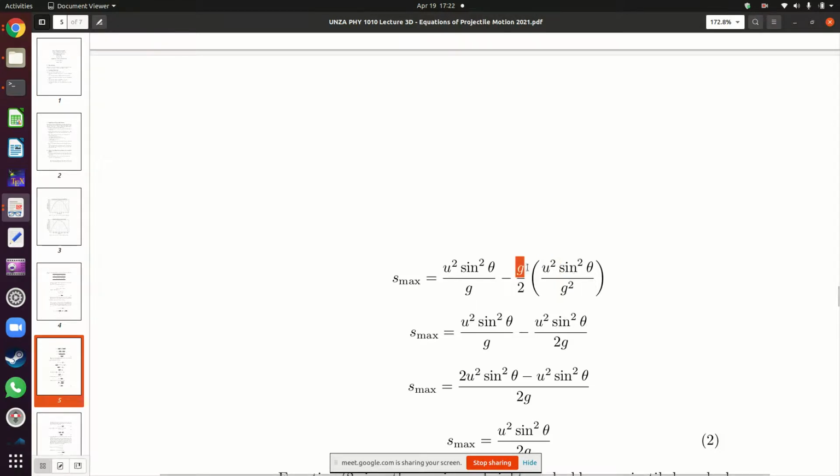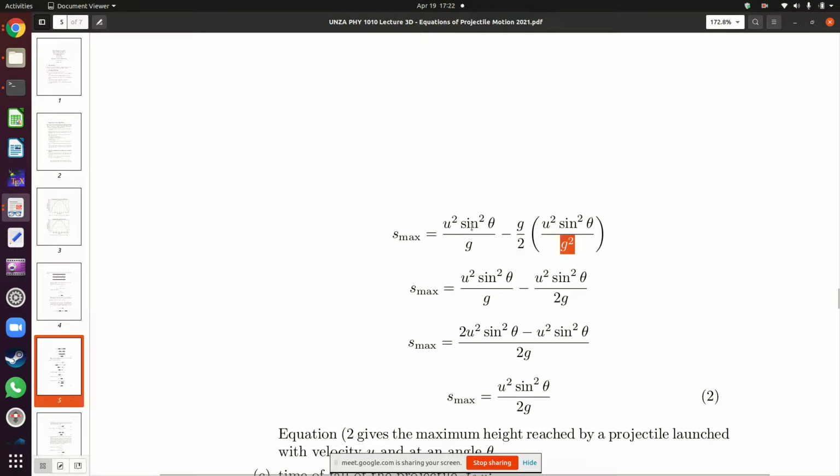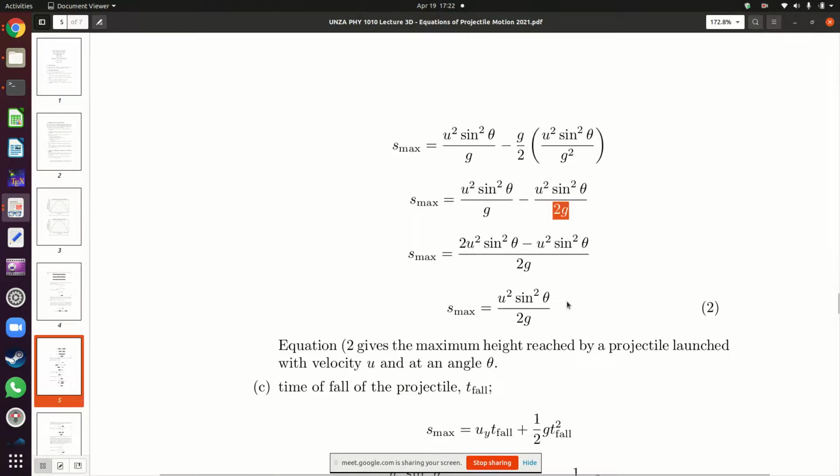The g on top and one of the g's at the bottom cancel out, so instead of 2g you end up with just a g. So you end up with u squared sine squared theta divided by g, minus u squared sine squared theta divided by 2g. The common denominator is 2g.